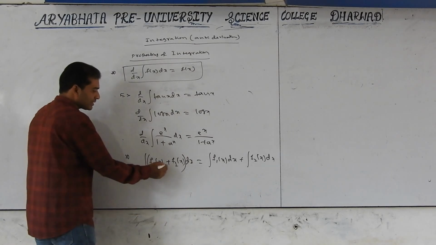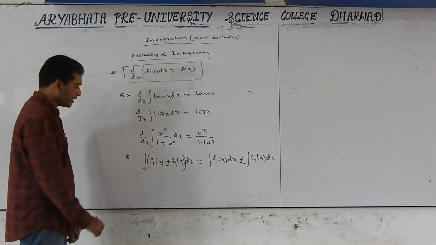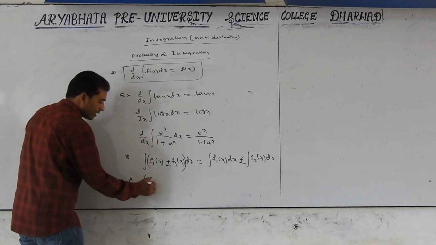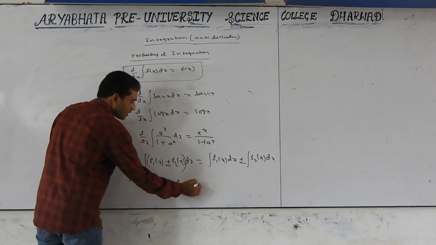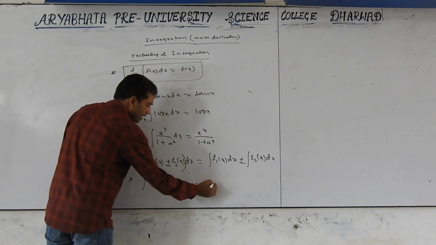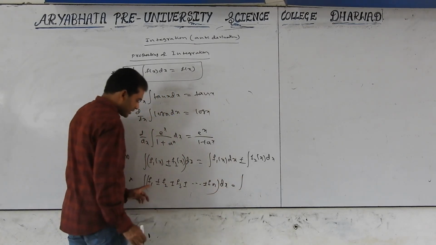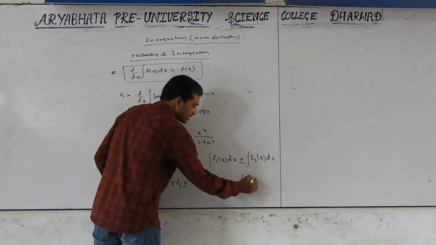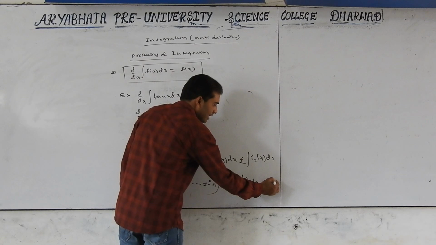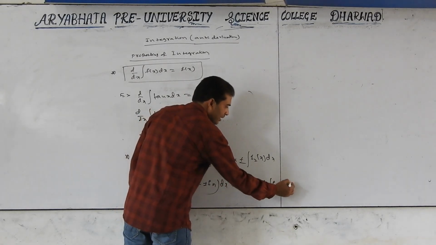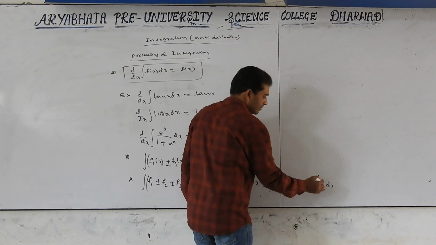If it is minus, then also minus. Understood? Here integration of f1 plus or minus f2 plus or minus f3 and so on up to fn dx is equal to integration of f1 dx plus or minus integration of f2 dx plus or minus and so on, integration of fn dx.